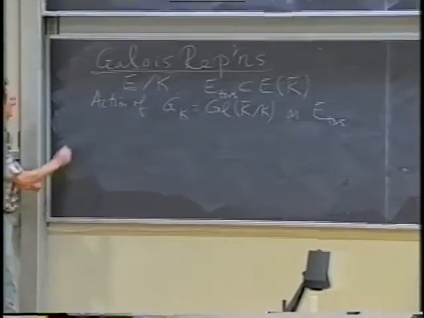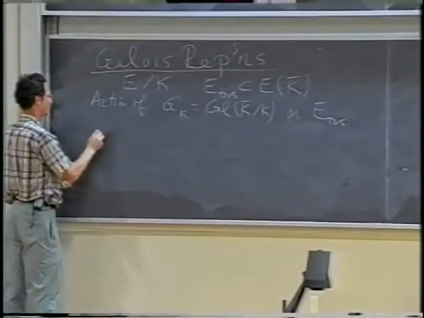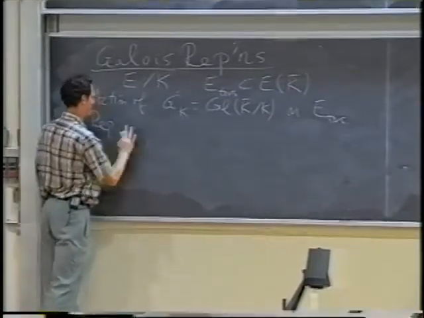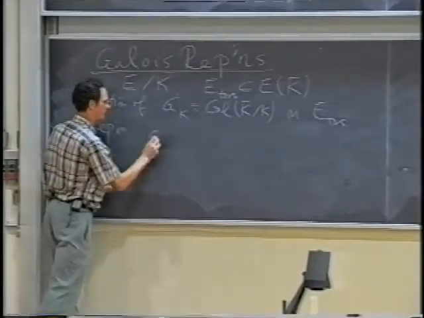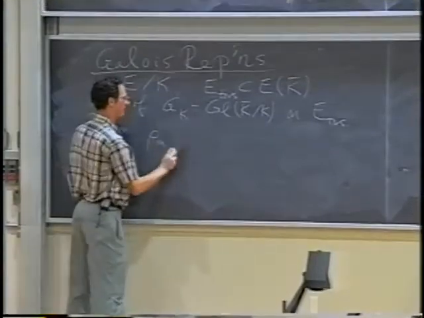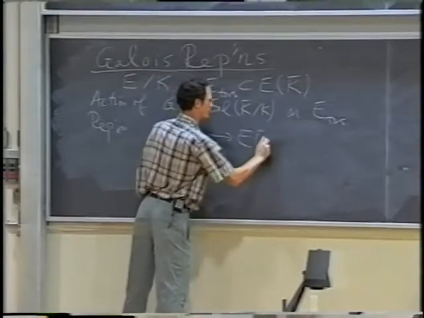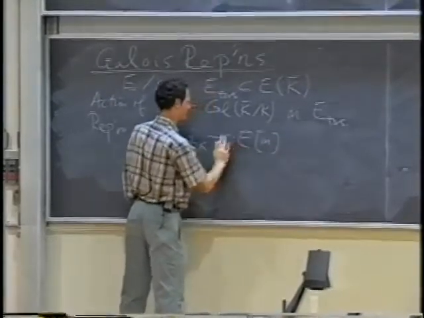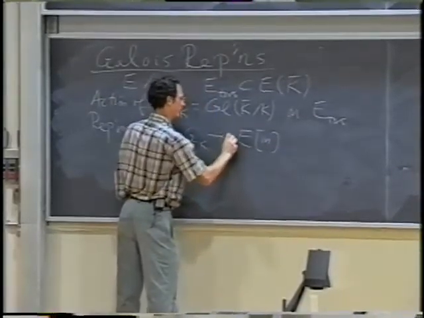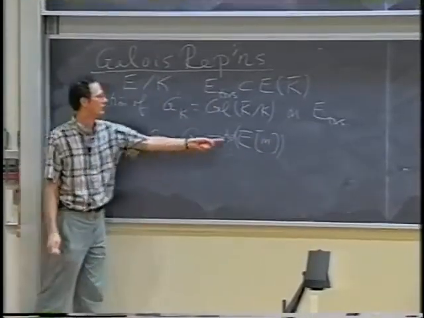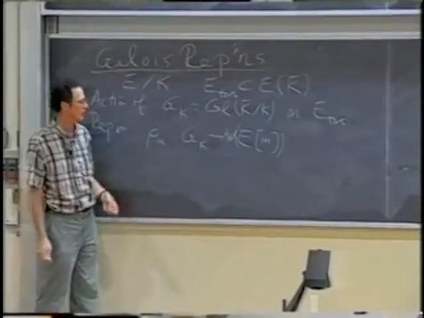Okay? So this leads to a representation, say rho sub M from the Galois group to the automorphism group of E[M], because it will move an M torsion point to another M torsion point.